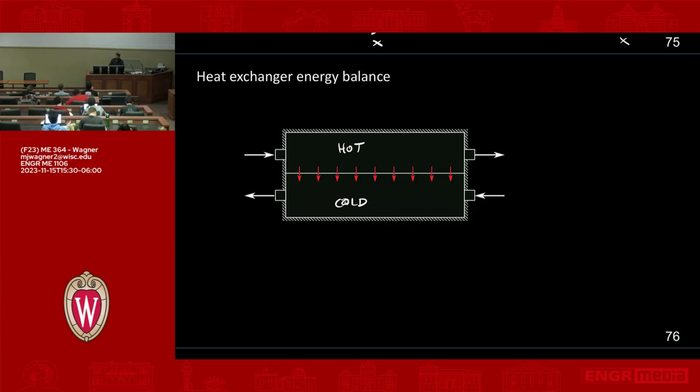All right, so going into the top, we have some mass flow, m dot h. We have some temperature, or more appropriately, we could say enthalpy. So let's do this in terms of enthalpy first, and then we'll convert it to temperature. So m dot h, ih, that's the enthalpy going in, so it's ih in.